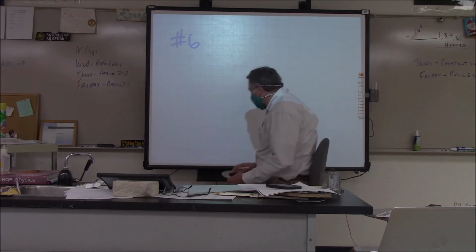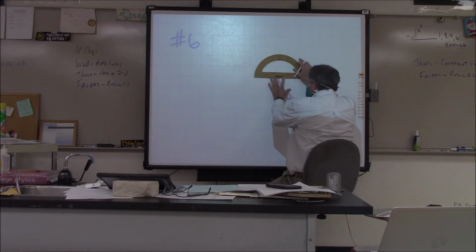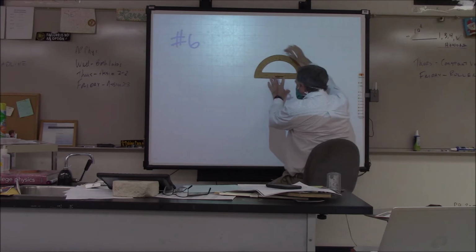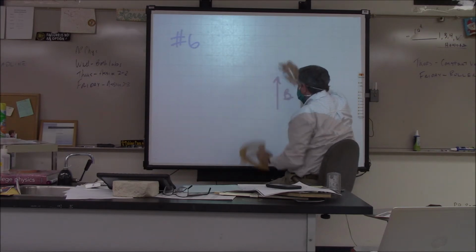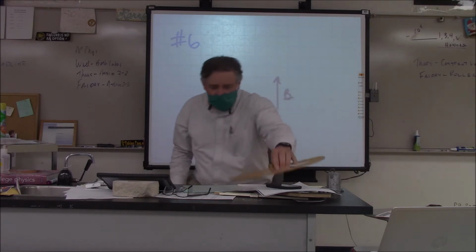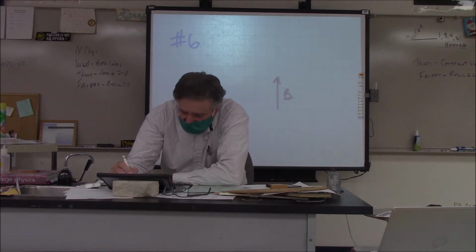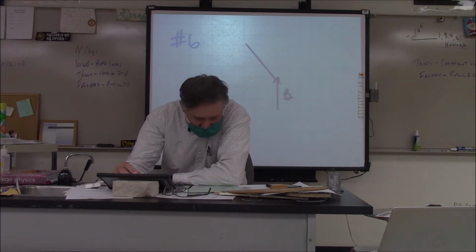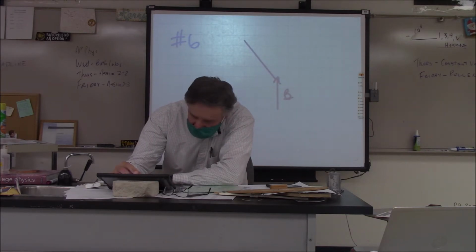All right, so anyway, you're going to put this up here like this. You're going to measure around 120 degrees, and you're going to go up here like this. And then that's going to be whatever length that is.